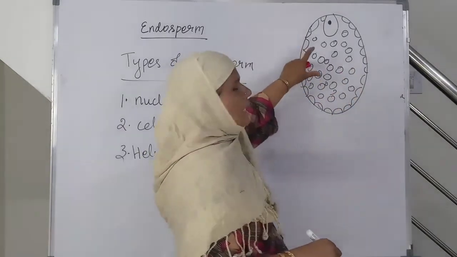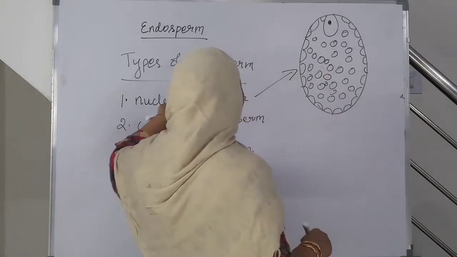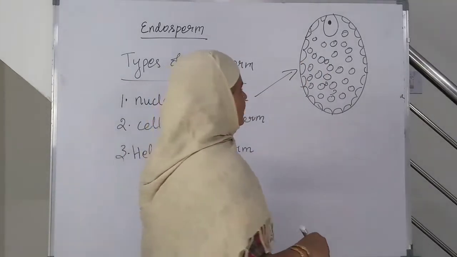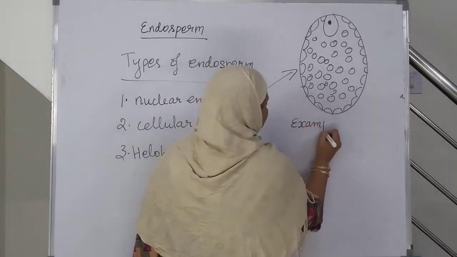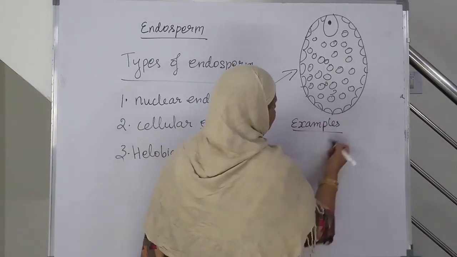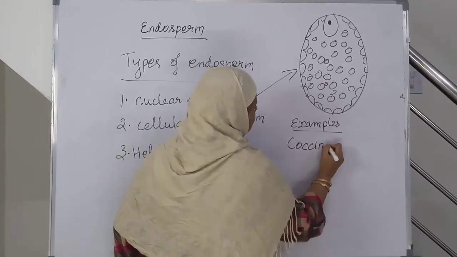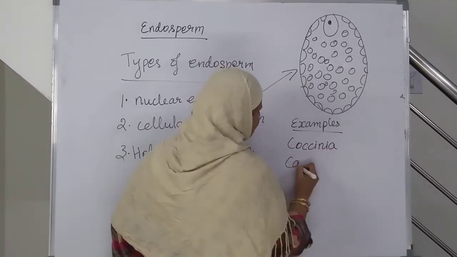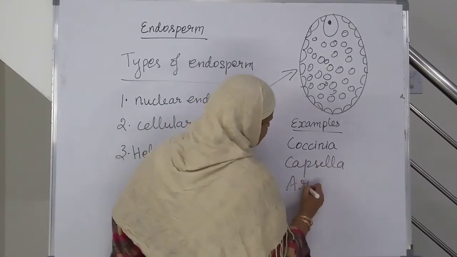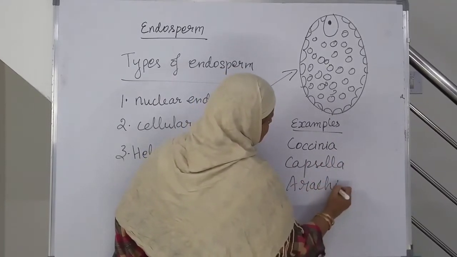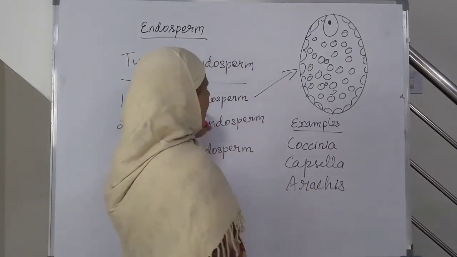Only the nuclei exist in free condition here. Examples are Coccinia, Capsella and Arachis, examples for nuclear endosperm.